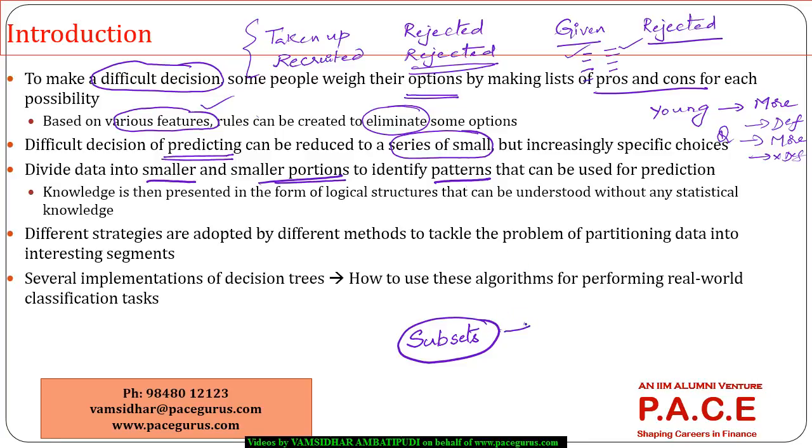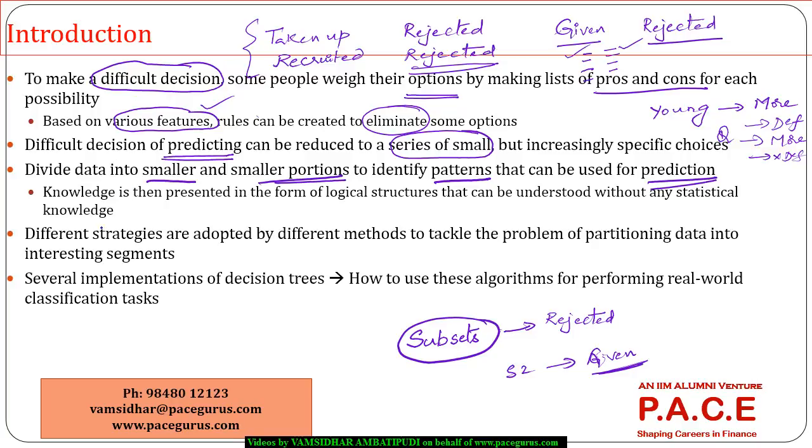Okay, this subset of people, they need to be rejected because there is a good chance that they will default on the loan, and some other subset of people, they need to be given a loan because there is very little chance that they will default. So I am trying to identify the patterns within the different subsets of the data, so that I can use those patterns for my prediction purpose.